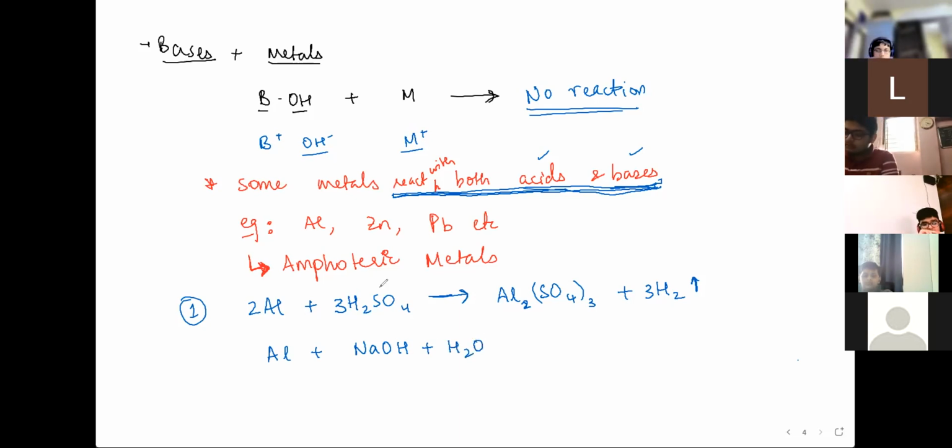Again, you always take it in aqueous form. Water is important in the formation of this product, because water also takes part, for balancing. This also forms a salt, and the formula of that salt is NaAlO2, and hydrogen gas.